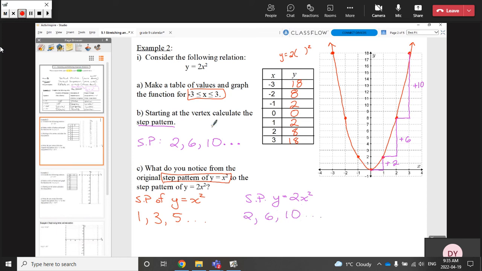What do you notice between the two step patterns? Yeah, the original step pattern seems to have this multiple of 2. So you've taken the original step pattern and multiplied each of the steps by 2. So maybe we can write that.